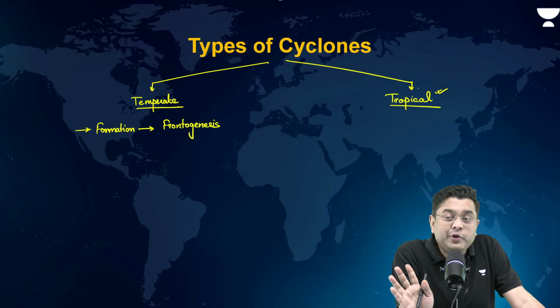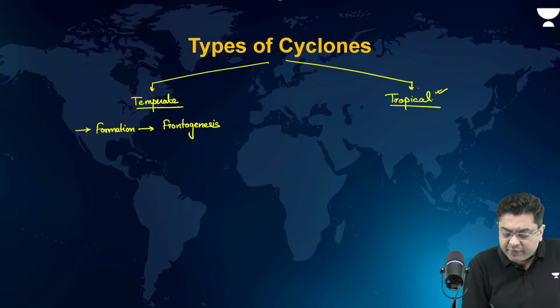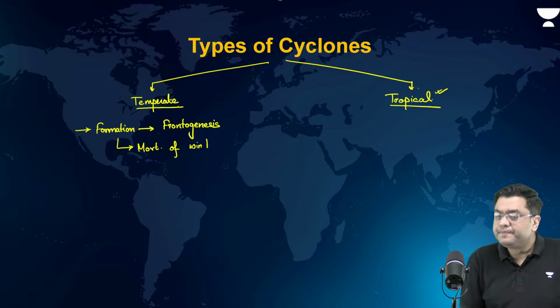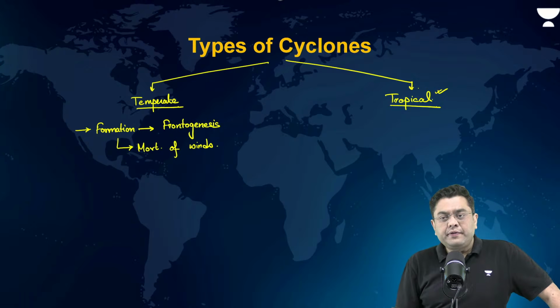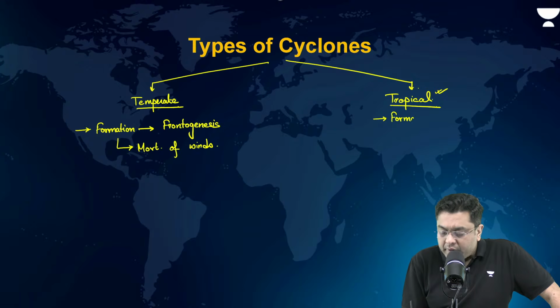It is always going to be a dynamic low pressure, isn't it? So, this is the case where the formation is associated with the movement of the winds. Dynamic low pressure. Whereas in the case of tropical, the low pressure formation is thermal low pressure.